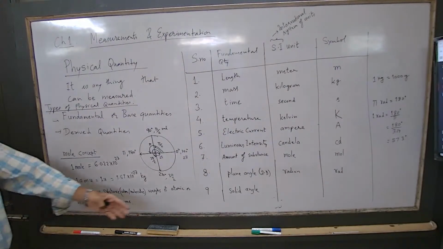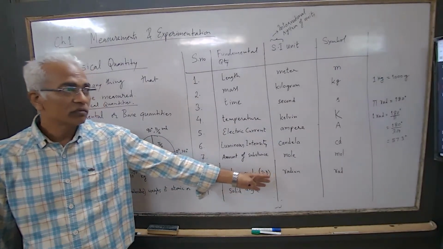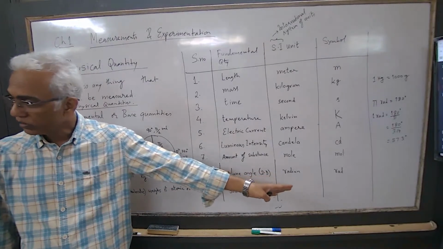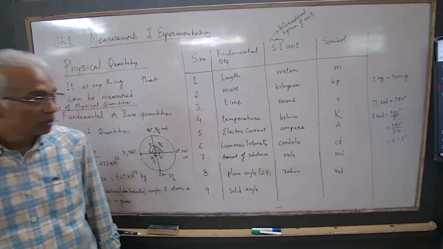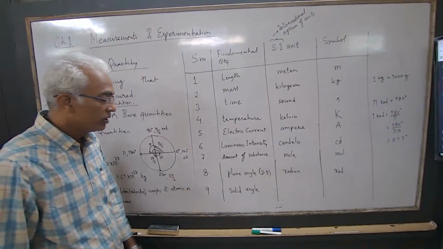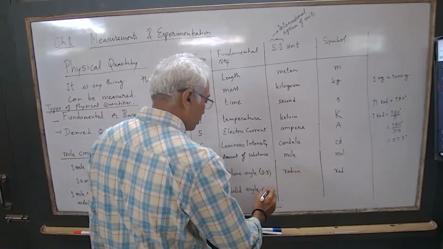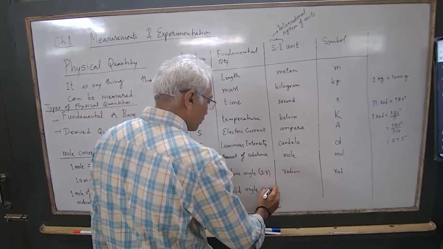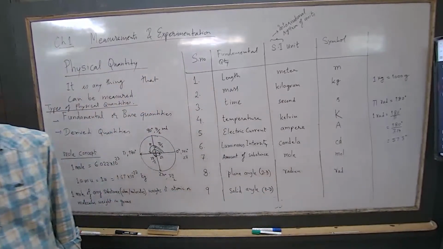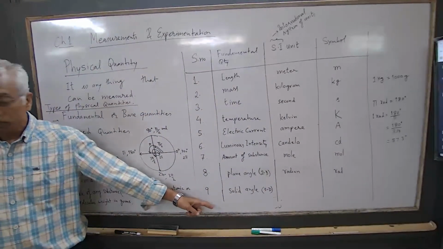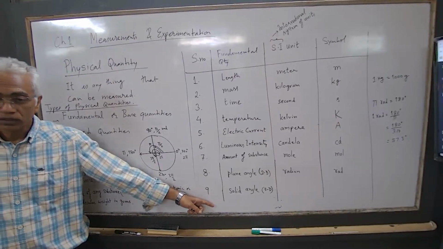So you are going to deal with the SI unit of the angle quite often in mathematics, and we will see briefly in this chapter also. Now let's come to solid angle, which is a 3-dimensional angle. About this you will learn in more detail in 12th standard.